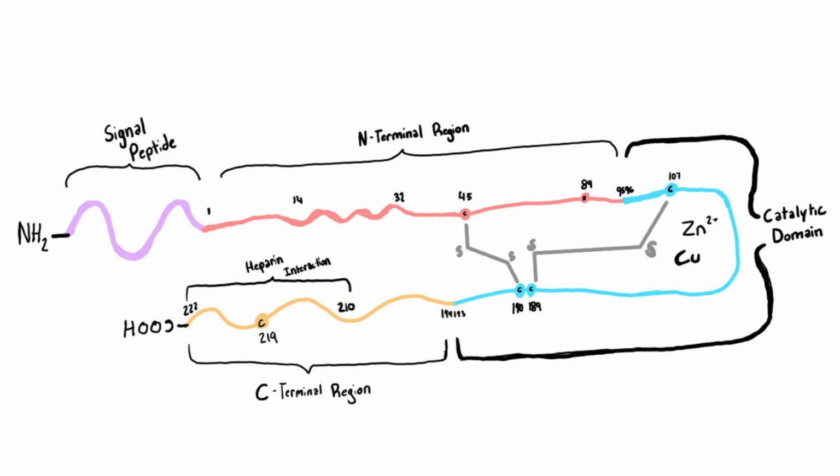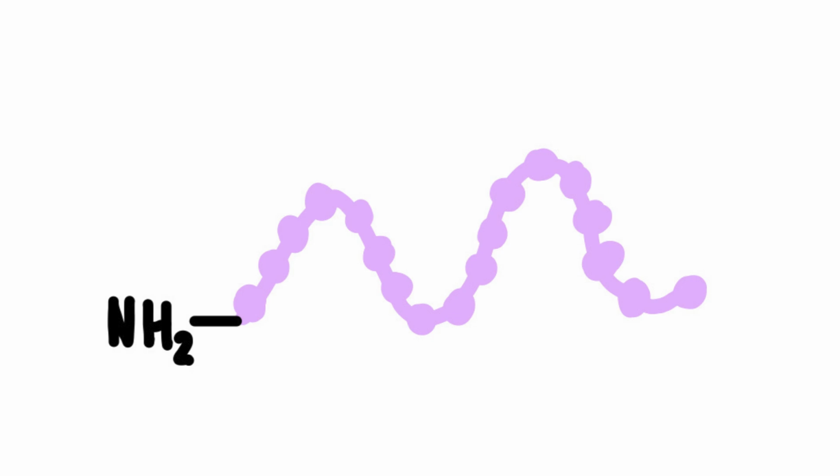The structure that is formed when folded is a homotetramer. The signal peptide, located at the N-terminal region of the enzyme, contains 18 amino acids, and it allows the enzyme to be found in the extracellular space.